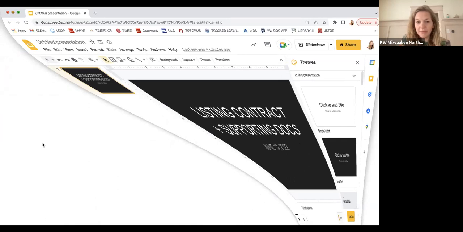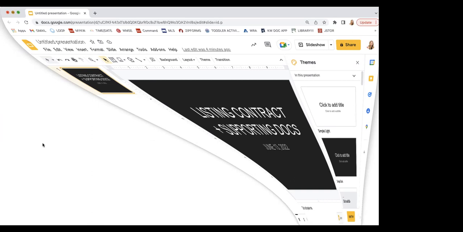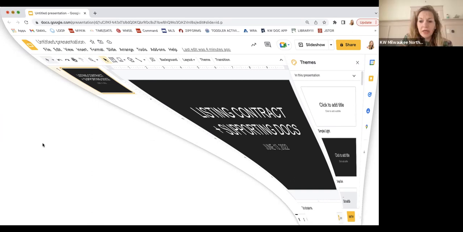First, is everyone able to see my screen? It should look like zip forms. Yes. Okay, great. So again, just like when you're preparing for an offer or for a buyer agency agreement, you are going to be coming to zip forms to prepare your documents for a listing presentation.